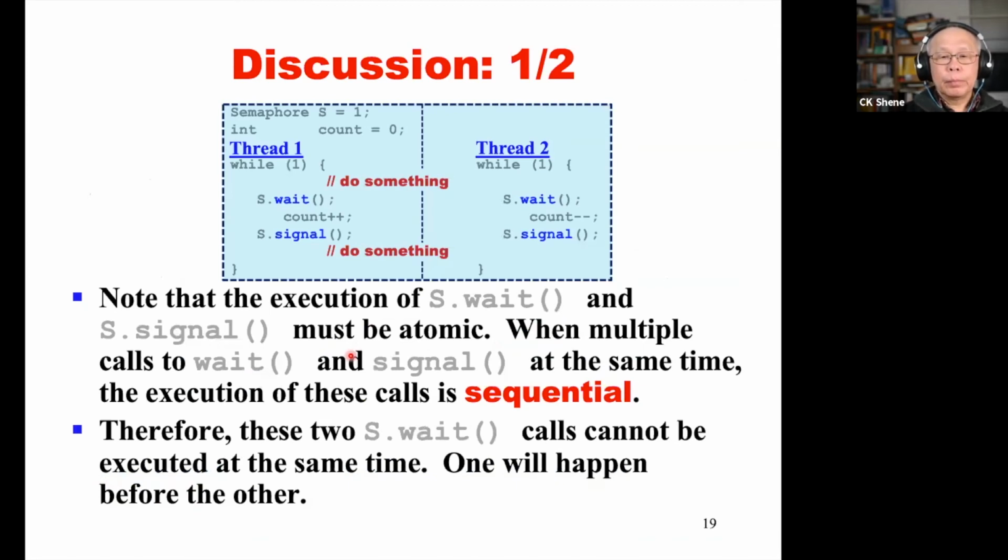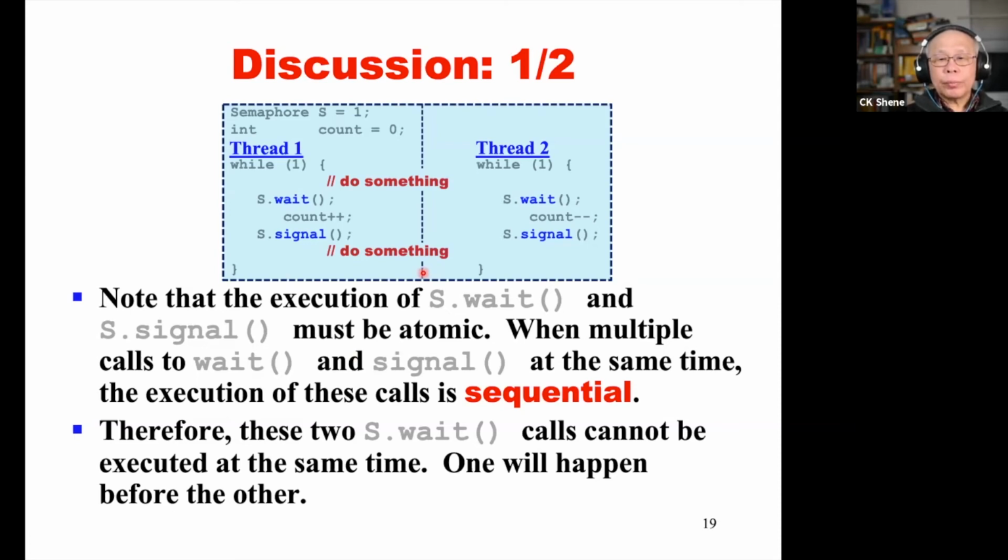Now, let's extend our previous discussion to give you a bit more. I copied the whole thing here, thread 1 and thread 2. A few things to remind you. The call to wait and signal with respect to the same semaphore has to be atomic.